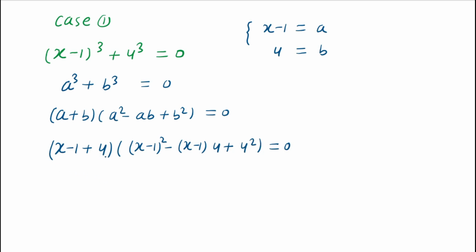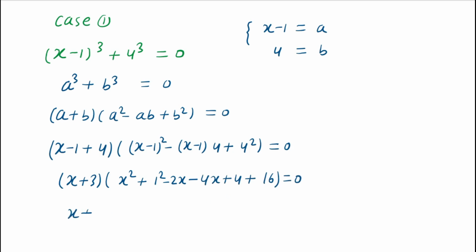Here minus 1 plus 4 is plus 3. So here (x + 3) multiplied by (x^2 + 1^2 - 2x - 4(x - 1), then you will get -4x + 4, plus 4 squared is 16) equals 0.